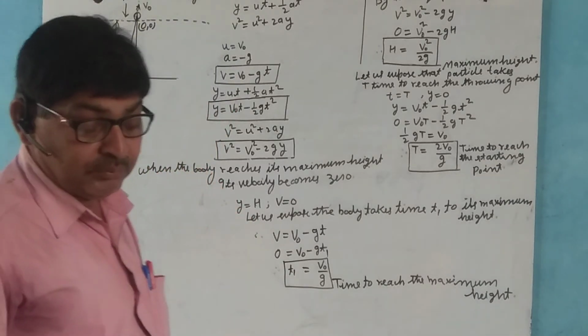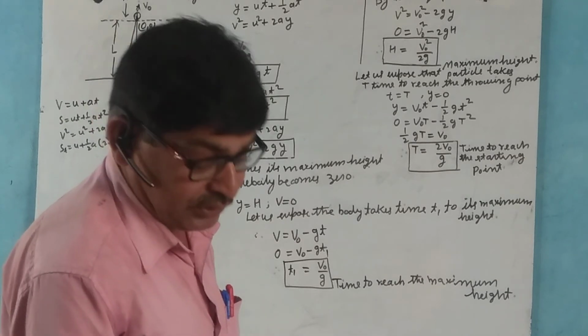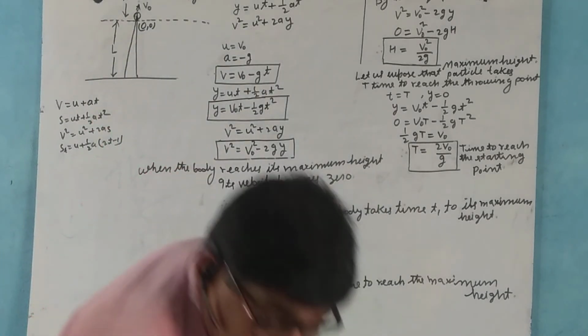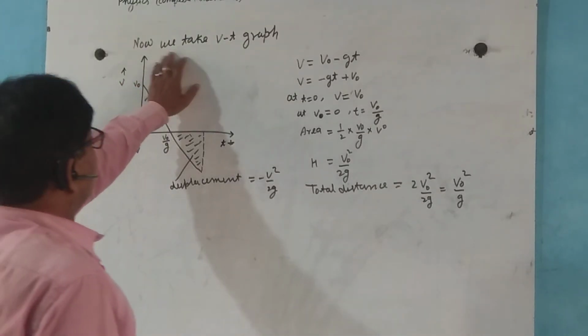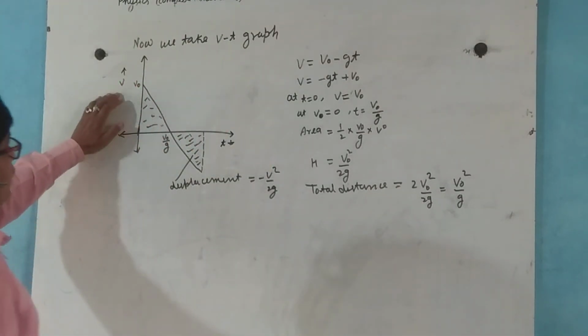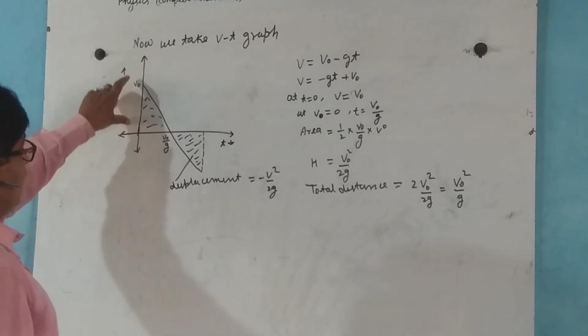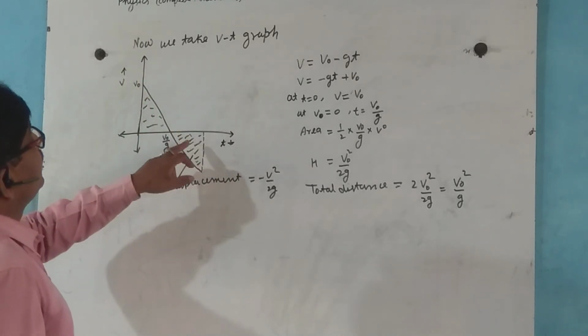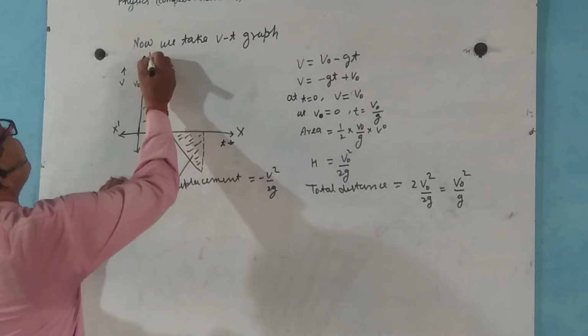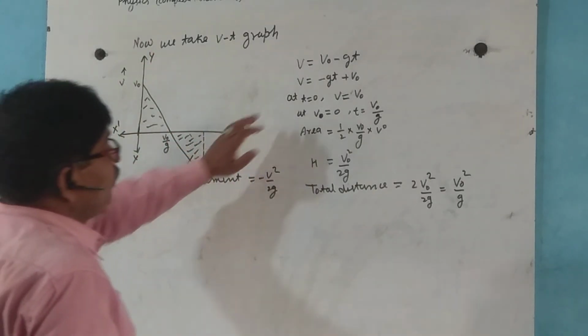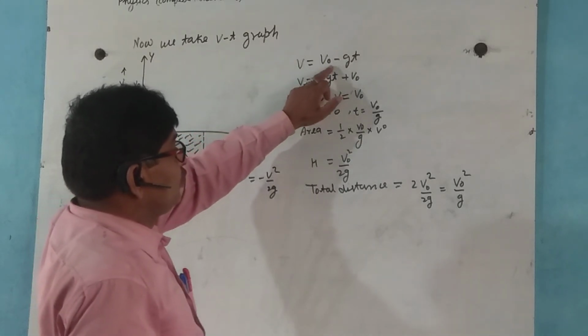Now we see it with the help of a graph. Now we take the V-t graph. In this case, V is represented on the y-axis and T on the x-axis. Now V is equal to V0 minus G t.